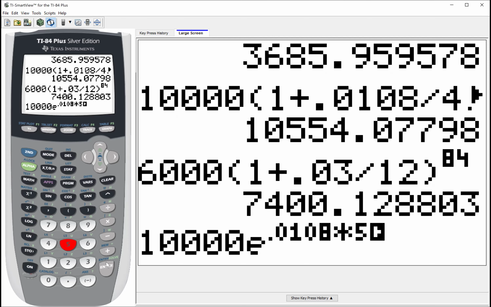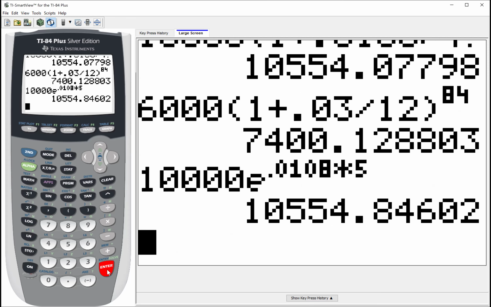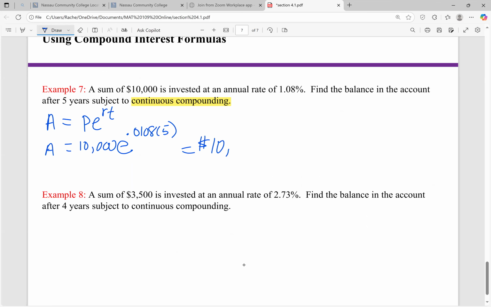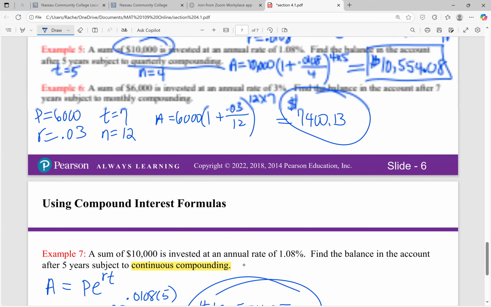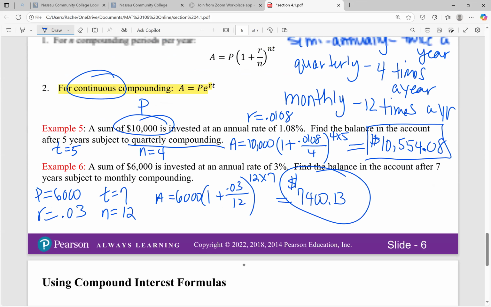So I'm going to do times 5. And we get $10,554.85.